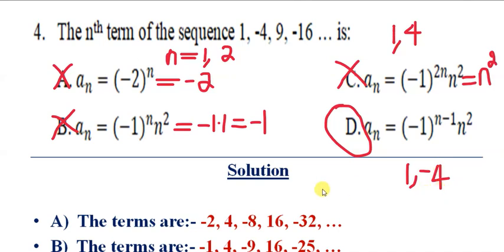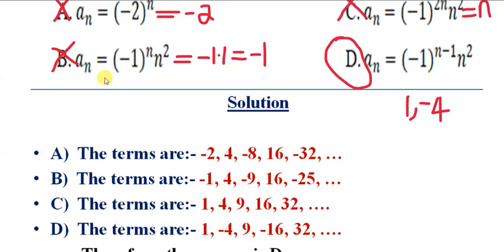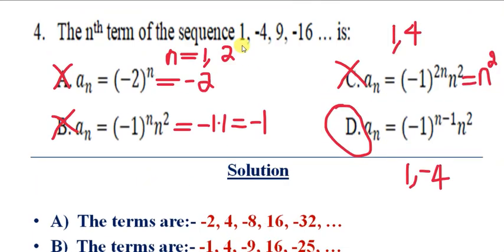Let us see the terms of each individual general term given here. The terms of the general term indicated in choice B are -1, 4, -9, 16, -25, and so on, which is not equal to this sequence.